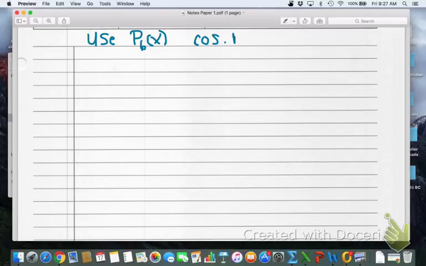All right, so what you want to do is then just plug 0.1 into your Taylor polynomial.